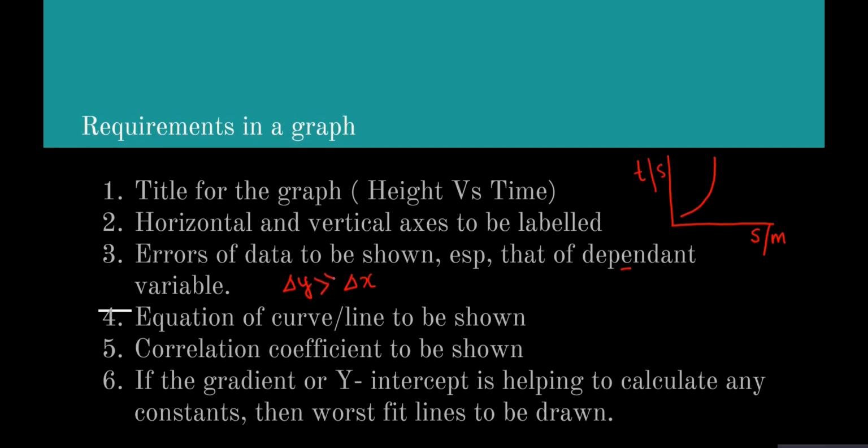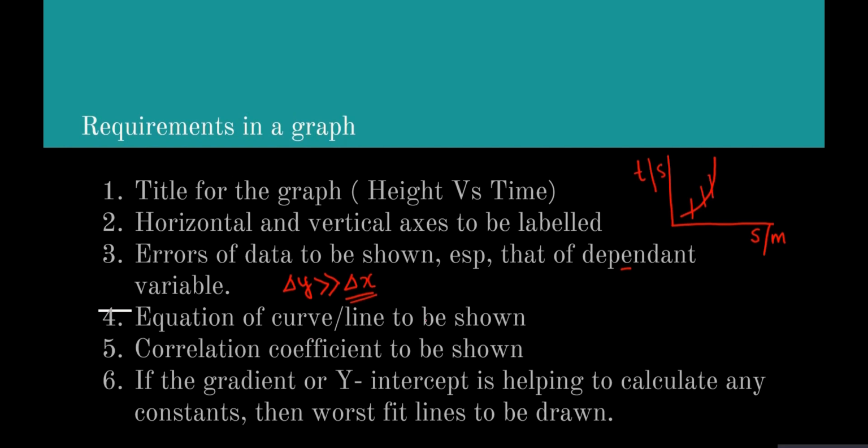Now, if the uncertainty of the variable on the y-axis is much greater than the uncertainty of the variable on the x-axis, then this can be ignored and we can focus only on the uncertainty of the dependent variable, which turns out to be the vertical error bar.